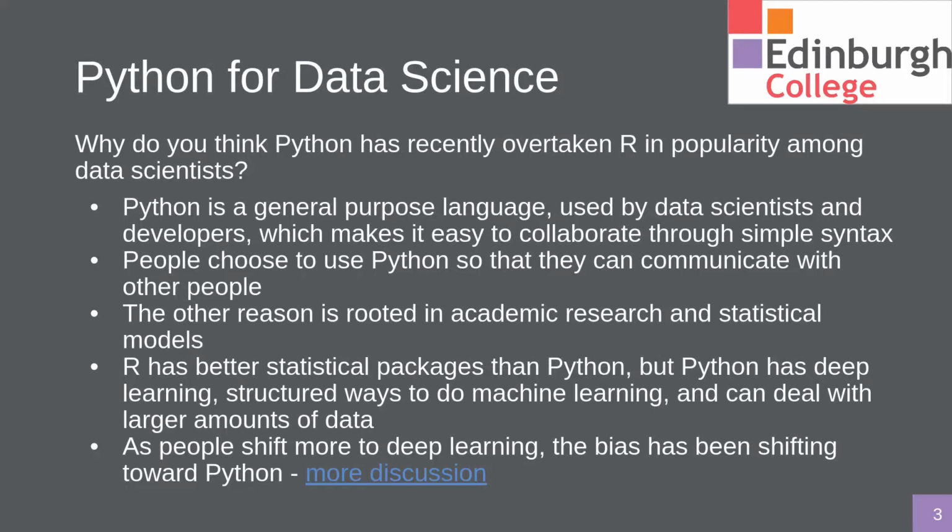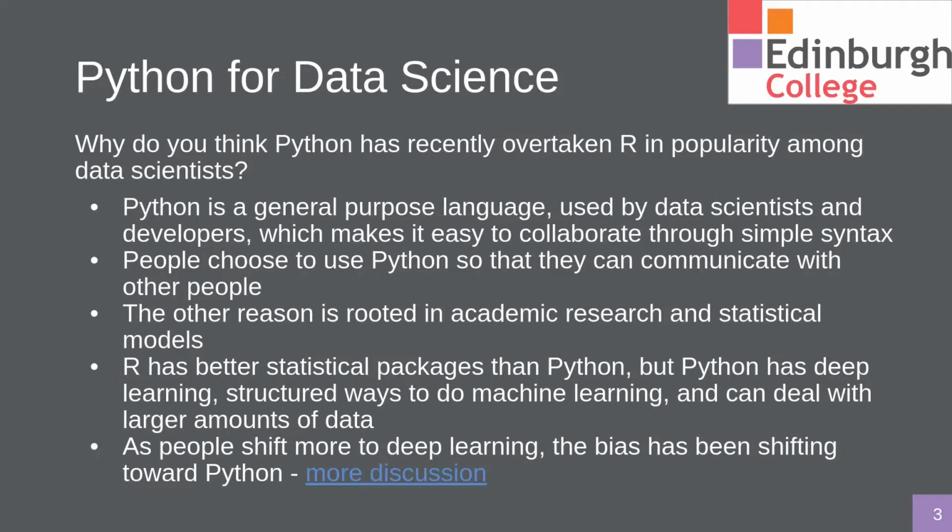R is really considered better for statistical packages and statistical analysis. For generating visualizations, there's no question that R is brilliant at that. And R is often used by scientists, medical professionals, social scientists doing analysis.